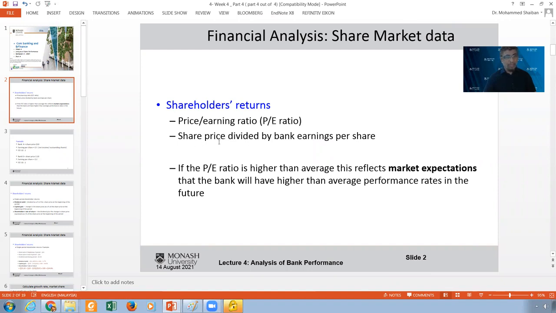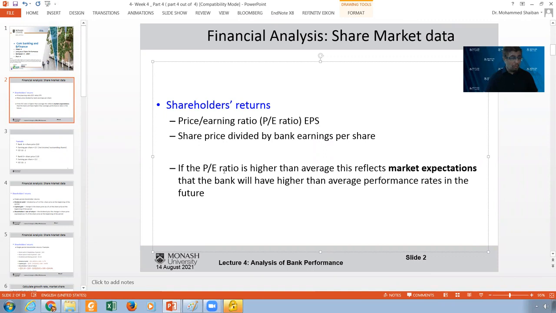Now, share price divided by bank earnings per share. We know that the earning is actually the EPS, which is earnings per share, the net income divided by the outstanding shares.